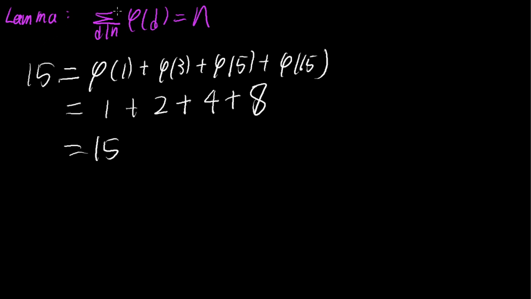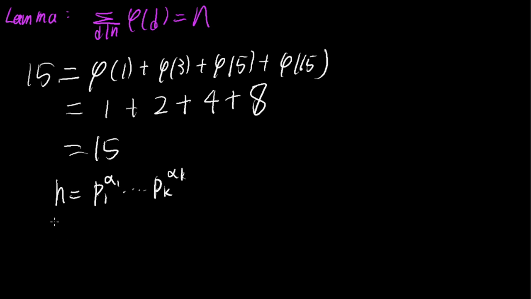Because we know the general formula of phi n, we may prove it algebraically, right? Similarly we denote n equals p1 to the alpha 1 times up to pk to the alpha k.